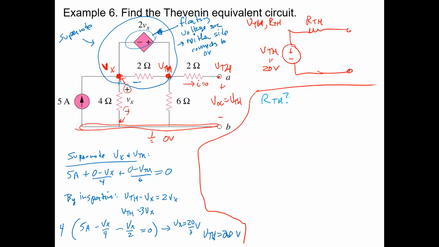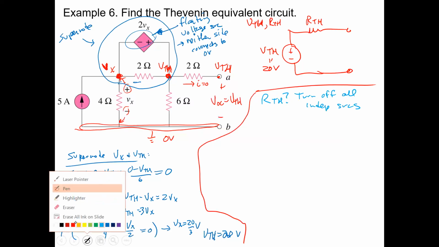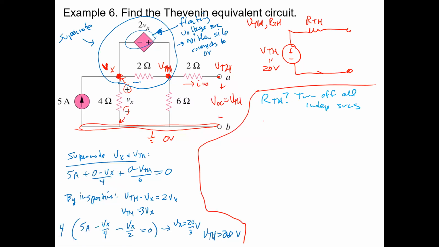So we turn off all independent sources. And what does our circuit look like when we do that? Well, the 5 amp source gets turned off.